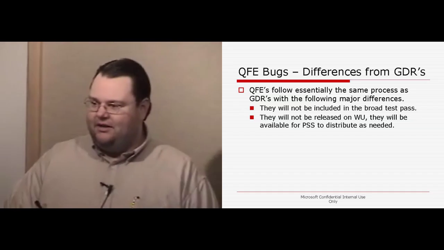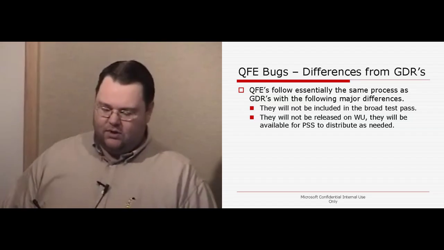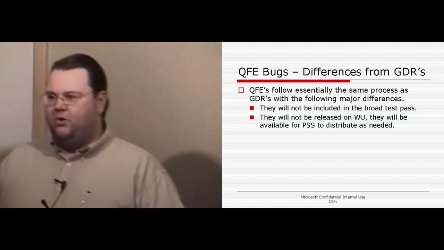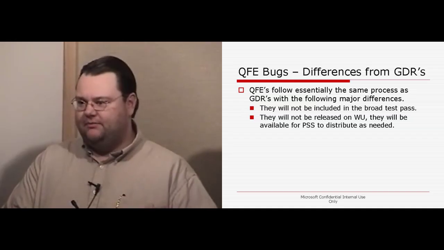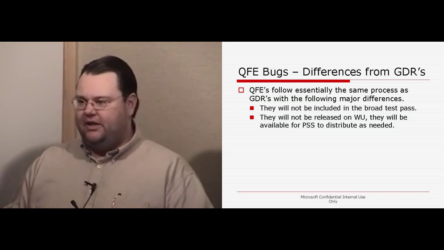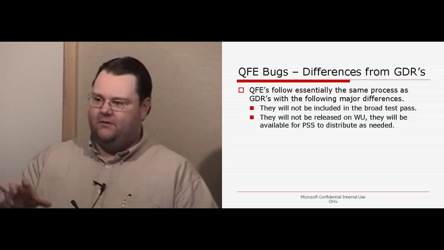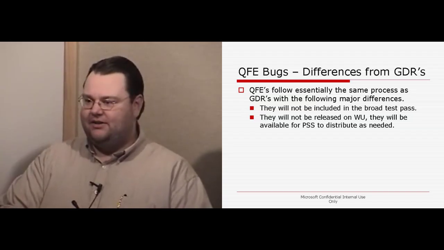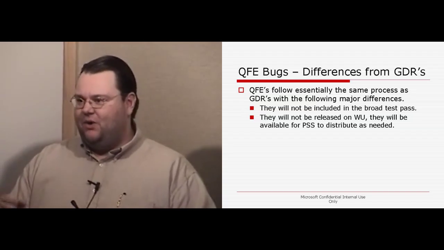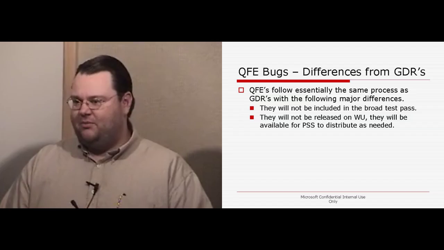Right. So the question was, if a customer requests and we send out a fix, say it's built on the SP4 sources, and it goes out and it's meant to install on SP4, but we don't include it in SP5, then when we release SP5, will that overwrite those fixes? The answer is yes, it would overwrite those on the customer system, and that's why all QFEs have to go in the service pack branch.